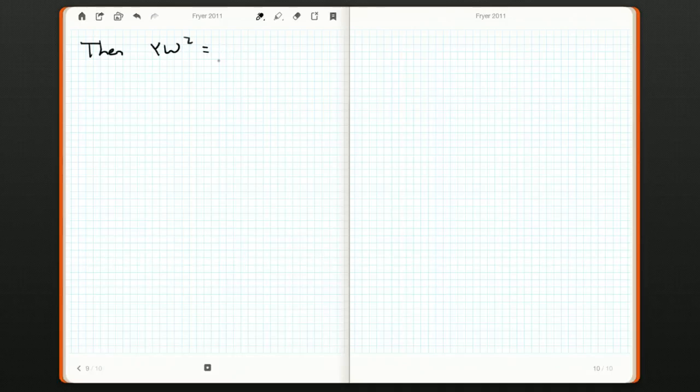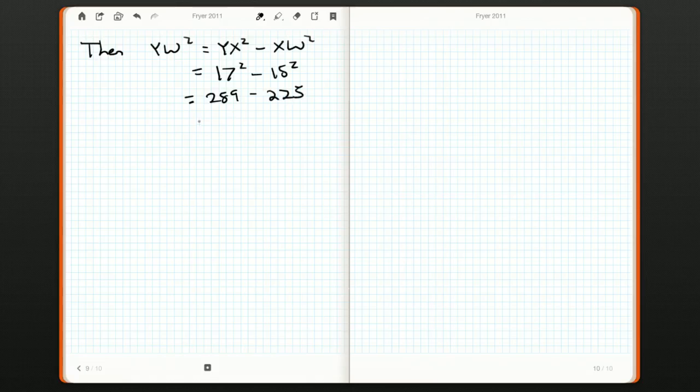Well, then we can use Pythagoras again, and we get that YW squared is going to be YX squared minus XW squared. That's 17 squared minus 15 squared. That's 289 minus 225, which is 64. So YW is equal to 8.